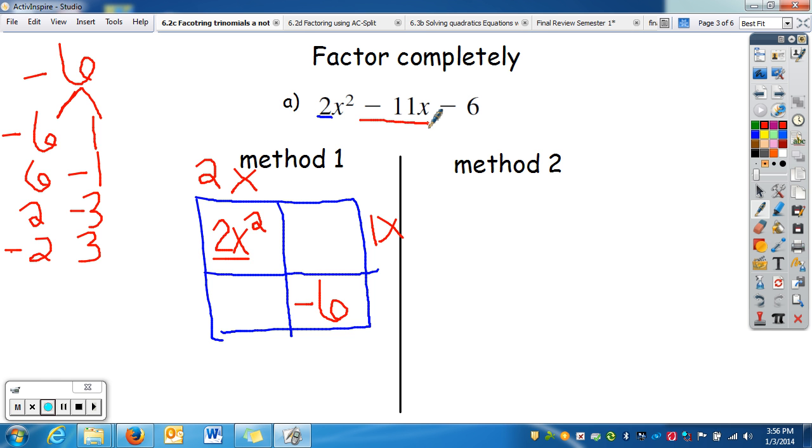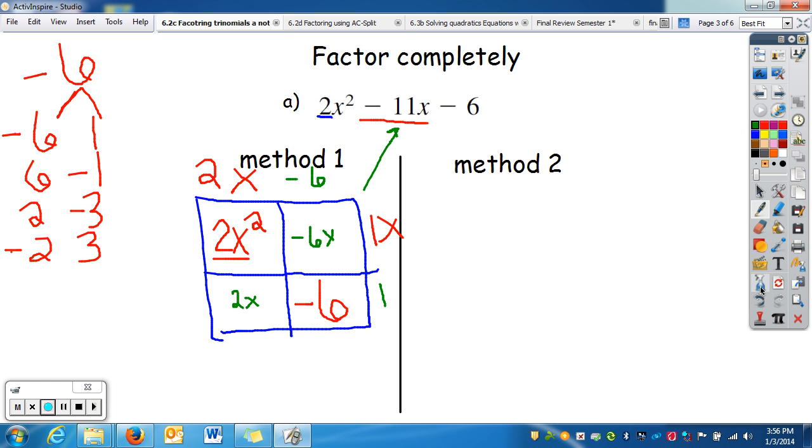So we can try, and I'm going to do this in green. We can try -6, and we can try 1. If that was the case, then this is -6x, because -6 times x is -6x, and then this one is 2x times 1, which is 2x. And then I have to check, do these two add up to our -11x? No, so that is not correct.